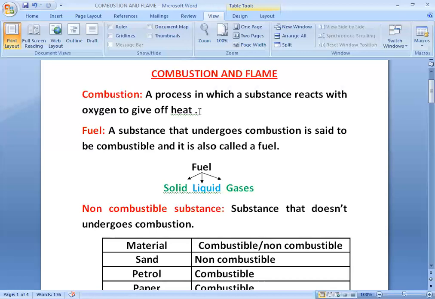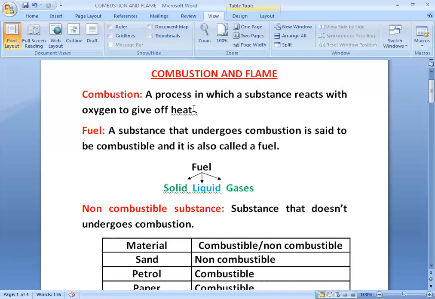So what do you mean by combustion? The substance burns to produce heat and light. Burning means the substance reacts with oxygen. The substance that is reacting with oxygen or burning, what do we call it? Combustible substance, because that substance is undergoing combustion. It burns to produce heat and light.